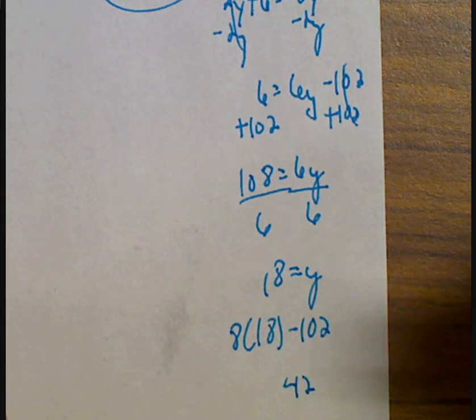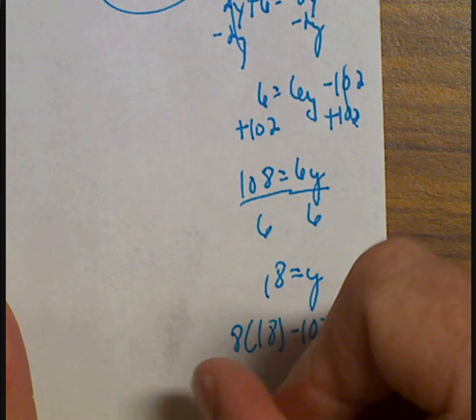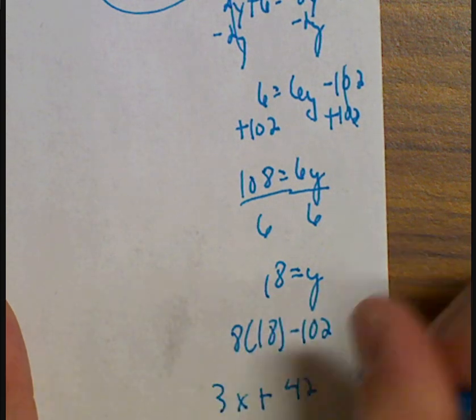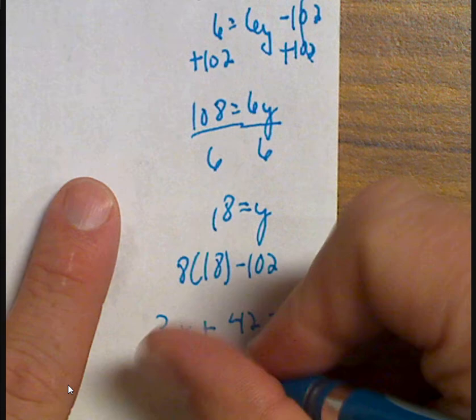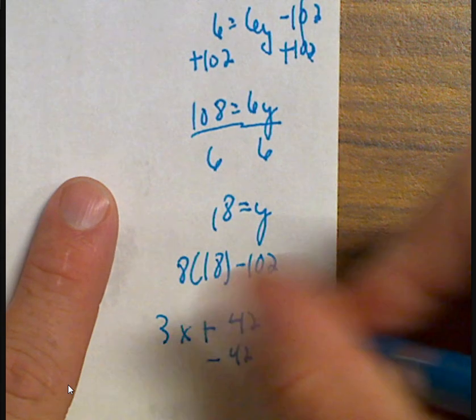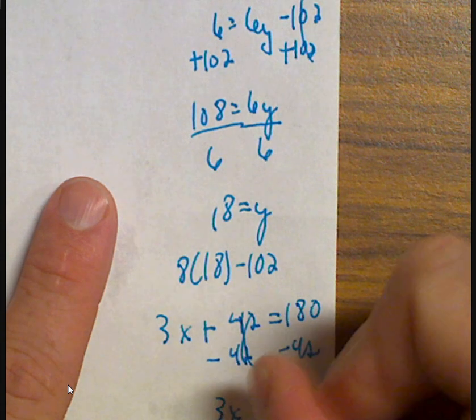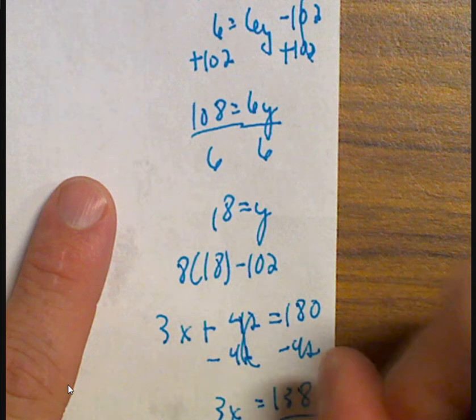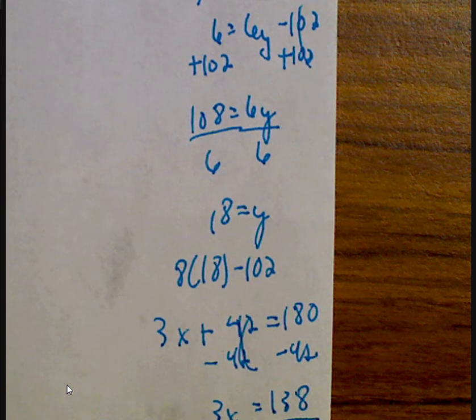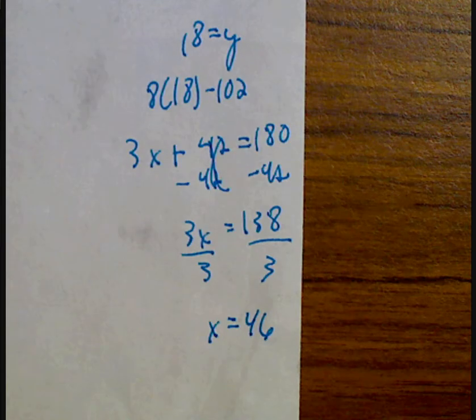So then I'm going to take 3x plus 42 degrees, which has to add up to 180 because that is a straight line. Minus 42 from both sides. So 3x equals 138. 138 divided by 3 gives me 46. And we are done.